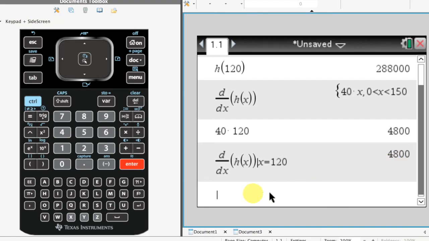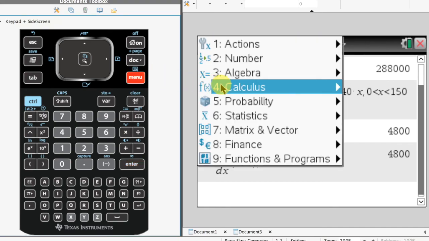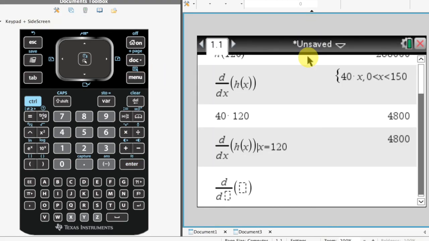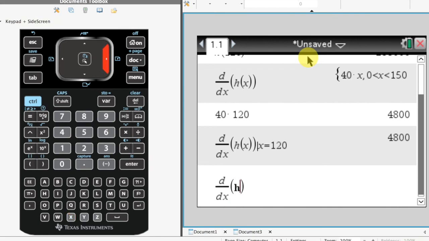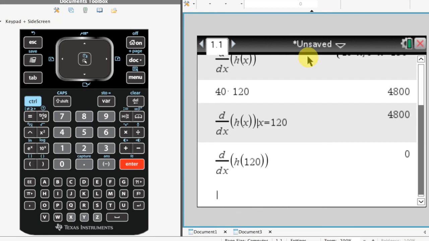Some of you would be thinking, well, why don't you just, instead of putting x in, put in 120? Let's see what this produces. Menu, calculus, derivative. And we want h of 120. And it's 0. Now what's happening here is that the calculator is evaluating what h of 120 is. So it's substituting 120 in to the h of x function.